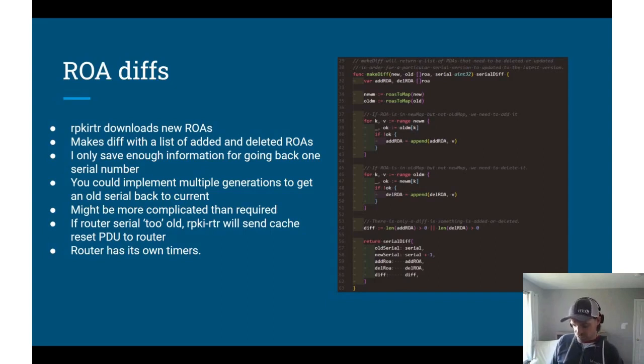The only thing to note is that the protocol does not like incremental updates. And what I mean by that is, let's say the cache is running version 2 and a client is running version 0. The client, when it asks for an update, does not support going from 0 to 1 and then 1 to 2.